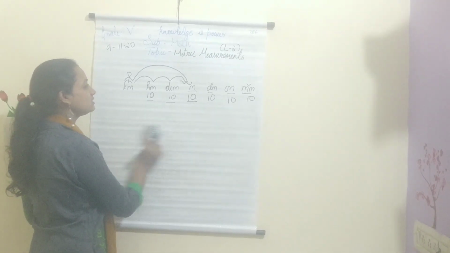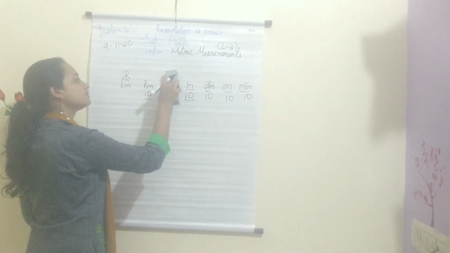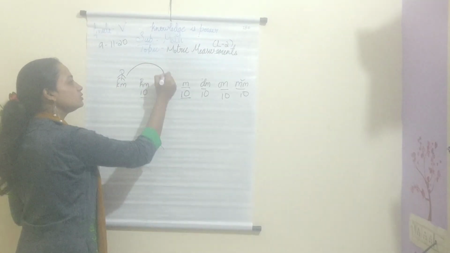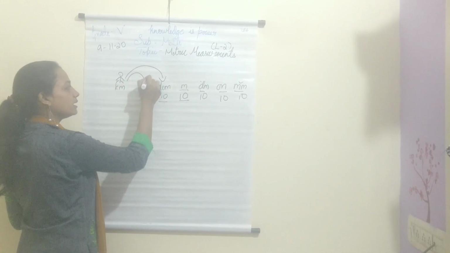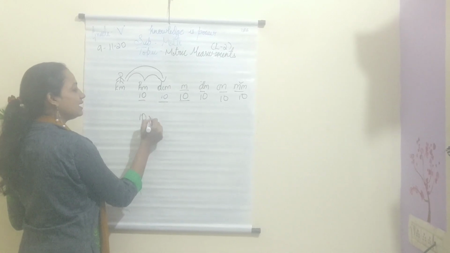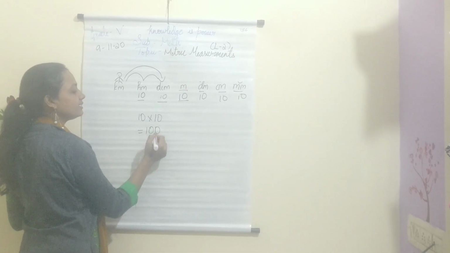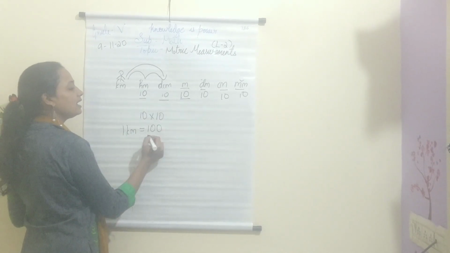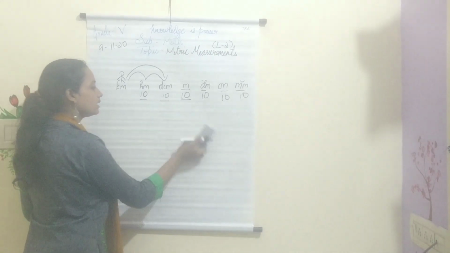So now let's jump to another place and see. Now I am going to jump from kilometers to decameter. How many jumps am I making at a time? 1, 2. 2 jumps. So I should multiply 2 times 10. 10 into 10 is 100. That means 1 kilometer is 100 decameter. So now this is clear, children.